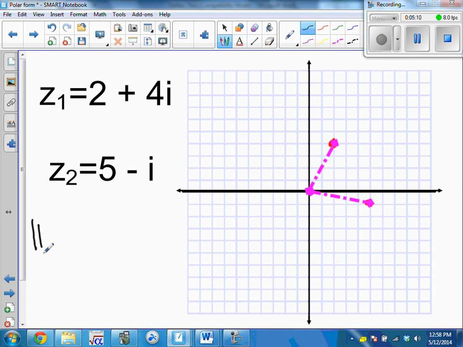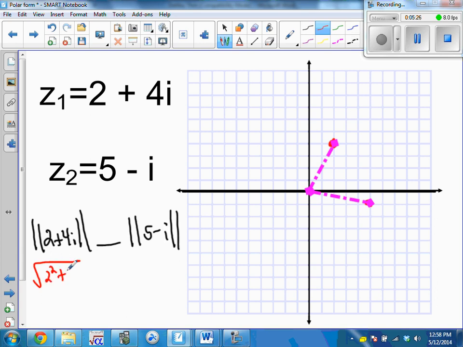What I want to compare is kind of the absolute value of the one compared to the absolute value of the other. So in this one, it would be 2 squared plus 4 squared, 4 plus 16, which is the square root of 20. And over here, I would have 5 squared plus 1 squared, which is the square root of 26.